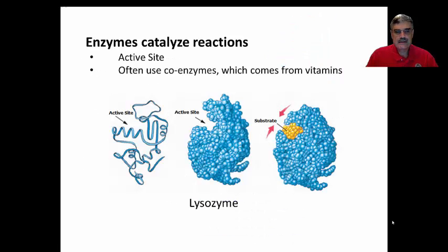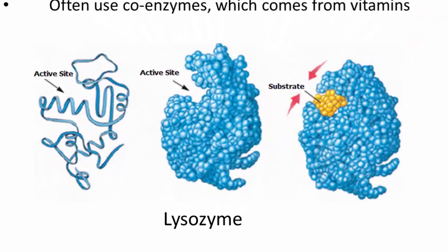Now, this slide gives a depiction of how an enzyme works. If you look at the drawing to the left, again, this is a ribbon drawing of a protein. This protein happens to be lysozyme. We show only a ribbon drawing sometimes because showing all the atoms becomes very complicated, as I said earlier. And in the middle drawing, the atoms are shown.